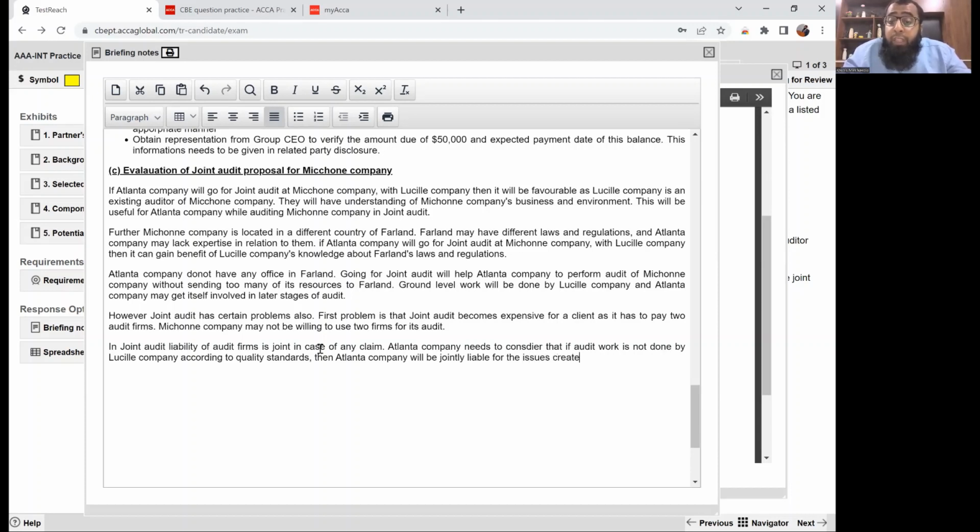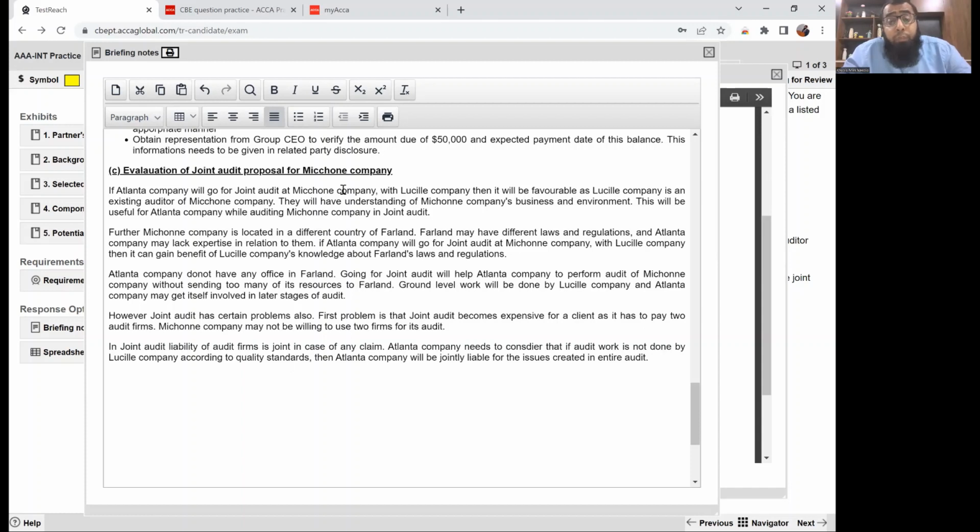Now, this cannot be like this, that, okay, 3 areas are mine, 3 areas are yours. No, the entire audit liability is shared. Even if that area audit is done by Lucille, we will also be answerable for it.